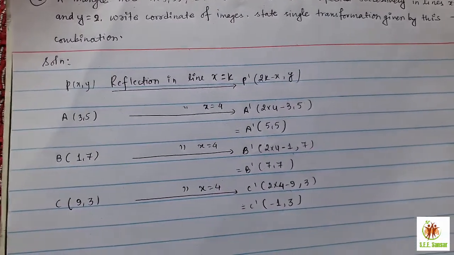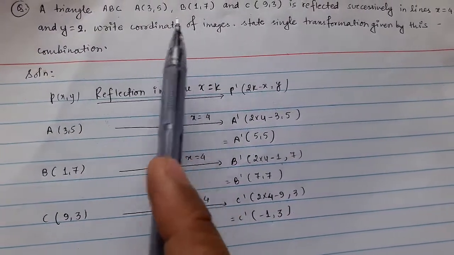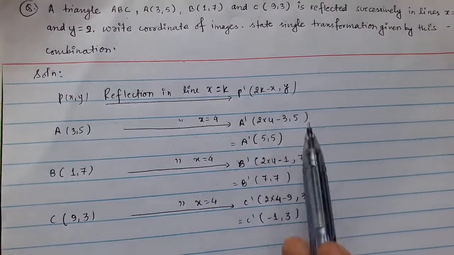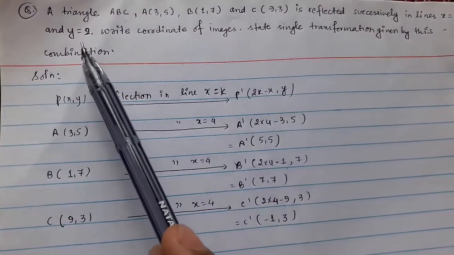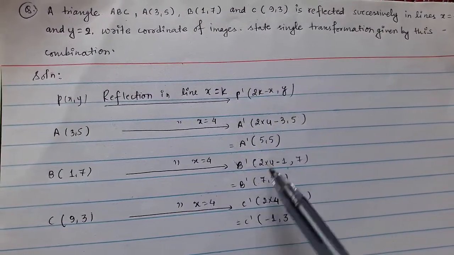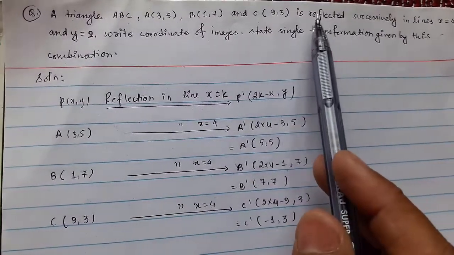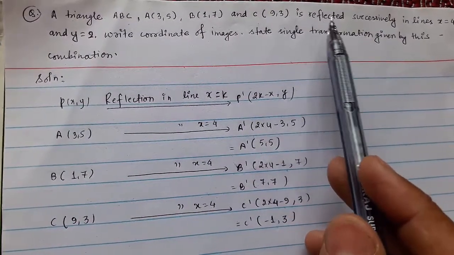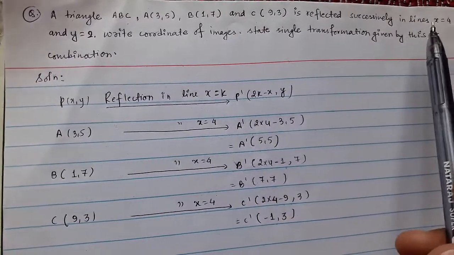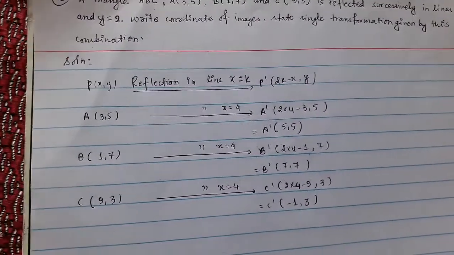These are the images when you reflect the vertices of triangle ABC in the line x equals 4. Now we need to reflect these coordinates A dash, B dash, C dash in the line y equals 2, because the question says to reflect successively. We have done the line x equals 4, now it's the turn of y equals 2.